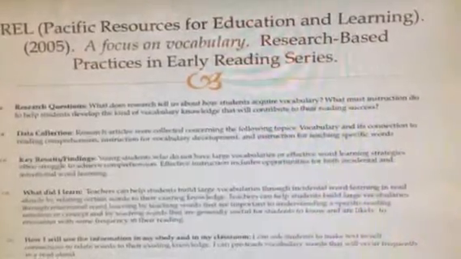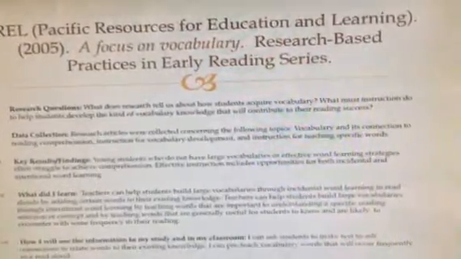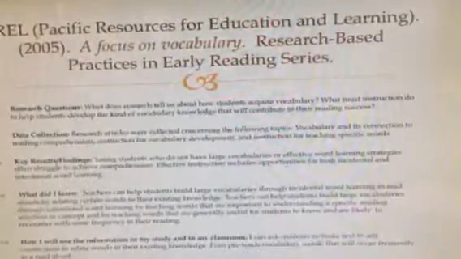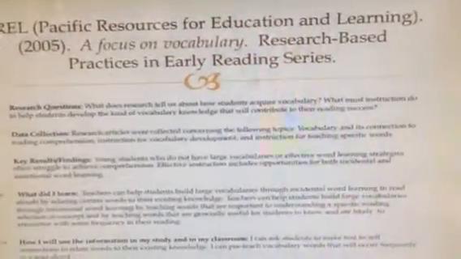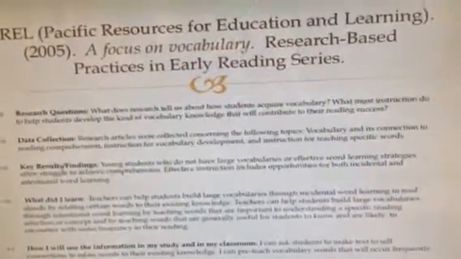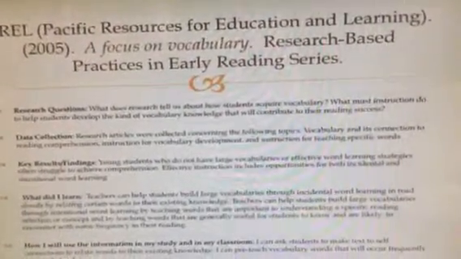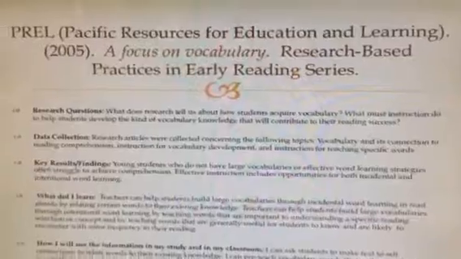Key results included young students who do not have large vocabularies or effective word learning strategies often struggle to achieve comprehension. Effective instruction includes opportunities for both incidental and intentional word learning.